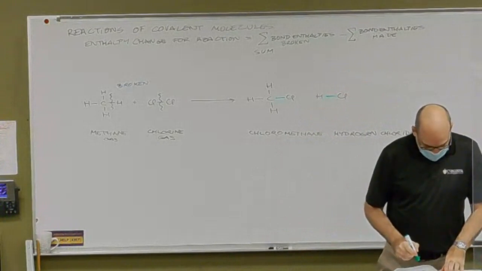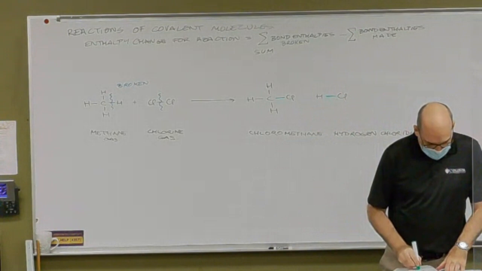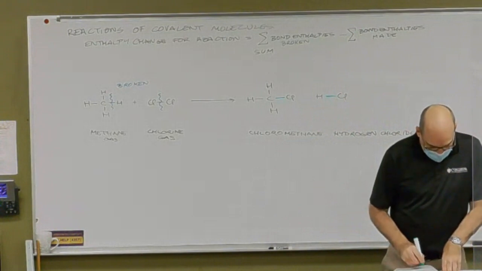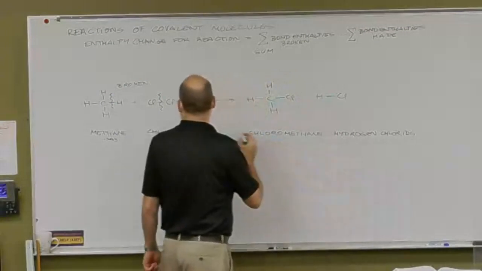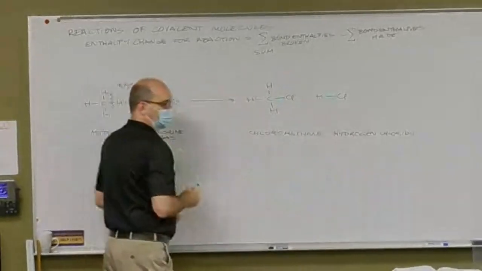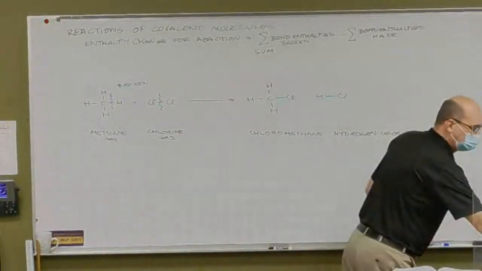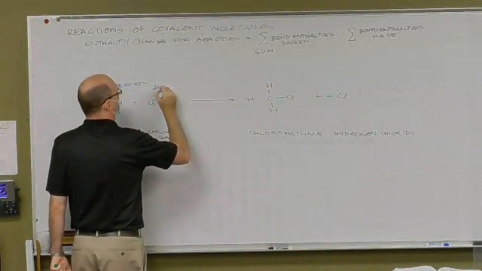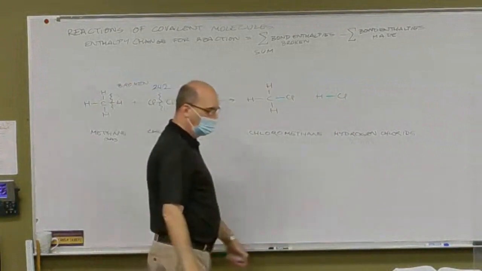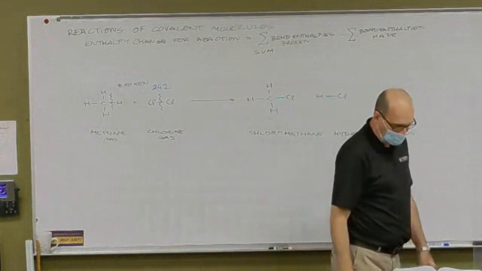It says that a chlorine to chlorine bond has a bond enthalpy, it's in blue, of 242. This is going to be in kilojoules per mole.